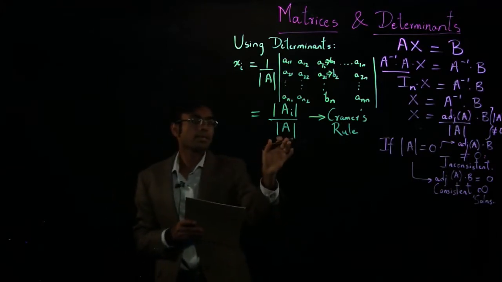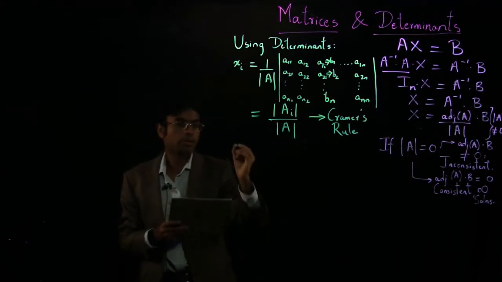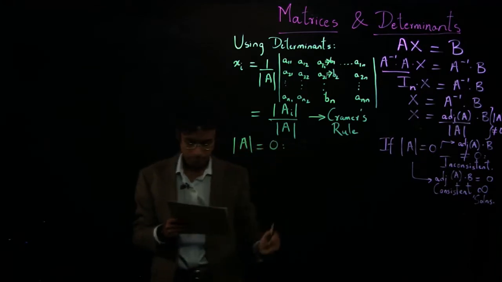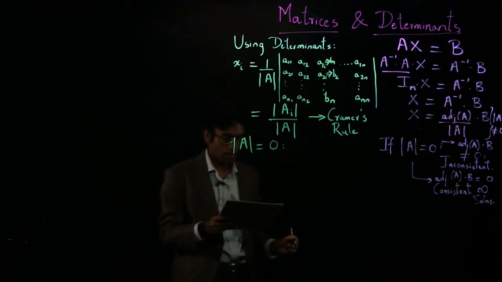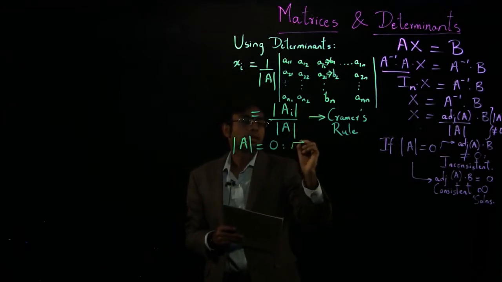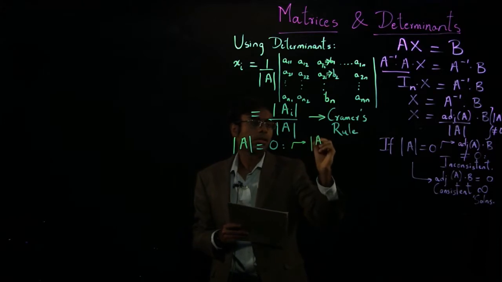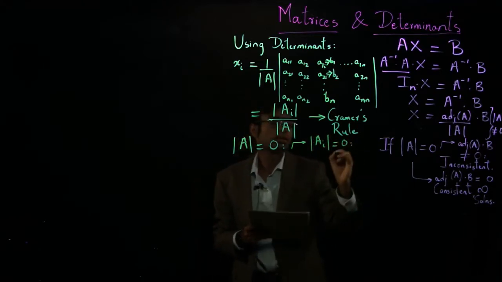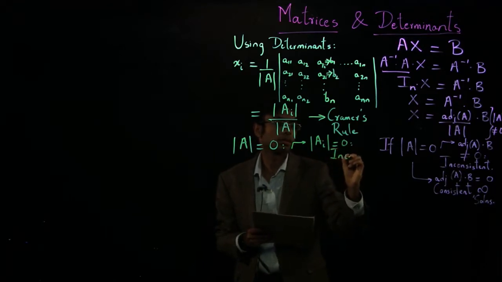Now again, what happens if the denominator is 0? So the special case, if A equals 0, well, again, look at the numerator.